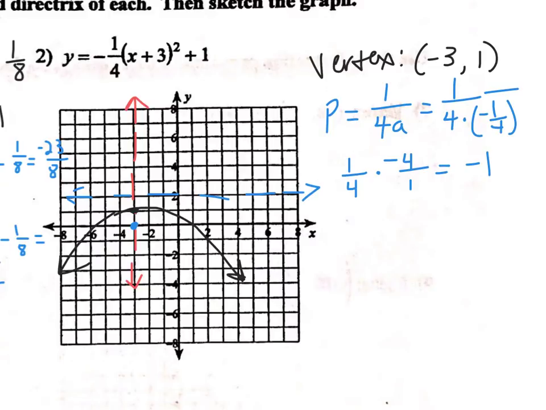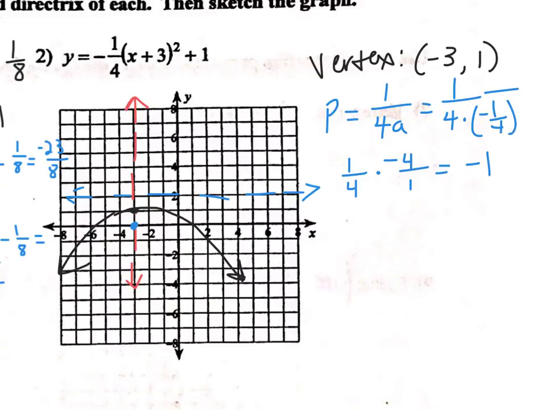So if I'm at -3 for X and 1 for Y, I'm going to have to take my Y value and subtract 1.